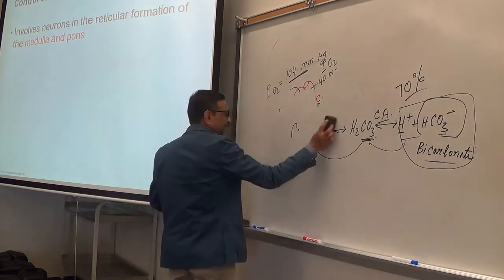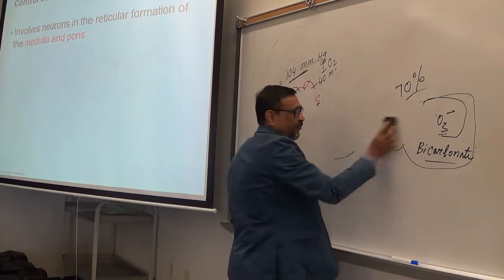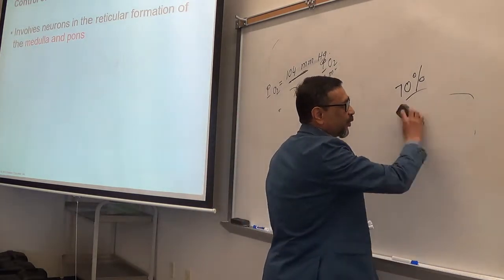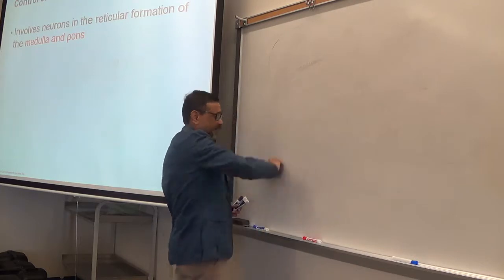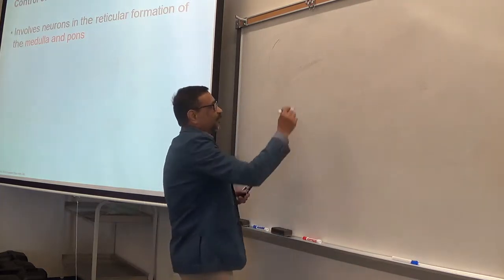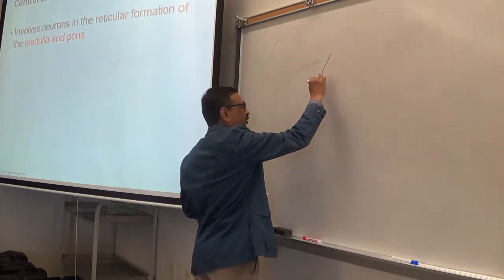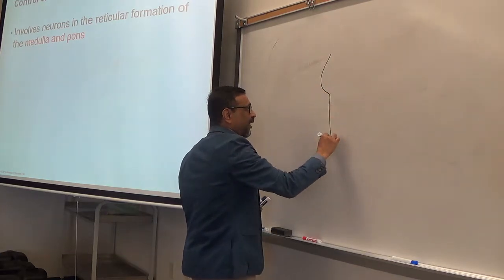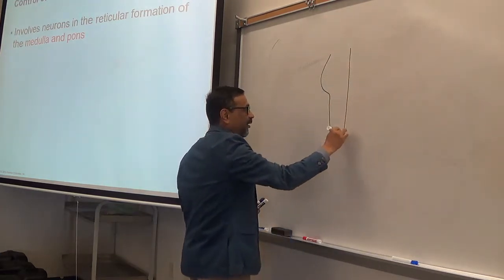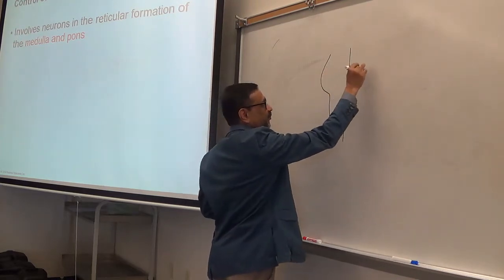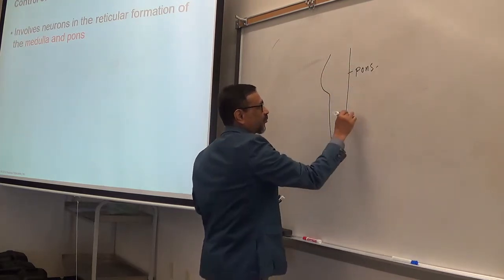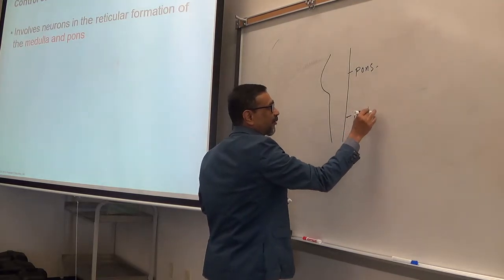In the medulla oblongata and pons, you know those structures in the brain, you have seen those when you did the dissection. So this is the pons and this is the medulla oblongata and then the spinal cord. So this is the pons, this is medulla.